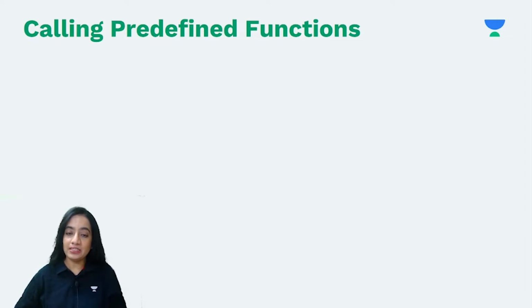How we can call the predefined functions. In Matlab, there are some predefined functions that can be used hundreds of times. Matlab has offered us some predefined functions which help us to reuse the algorithms again and again.